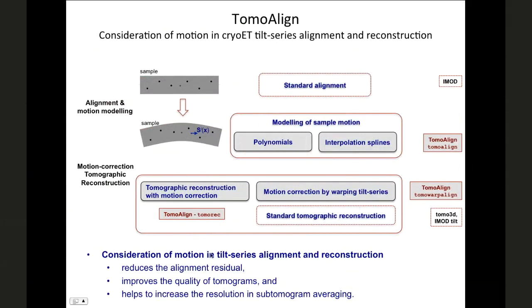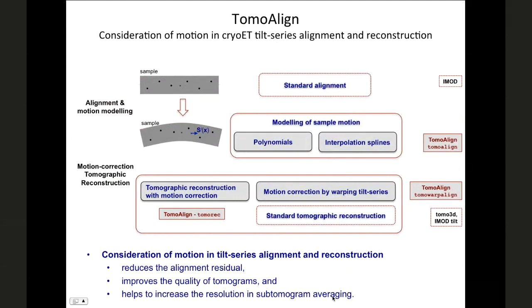We have seen that this tilt series alignment with motion compensation reduces the alignment residual. The alignment is better, improves the quality of the tomogram, and hopefully it helps to increase the resolution in subtomogram averaging.